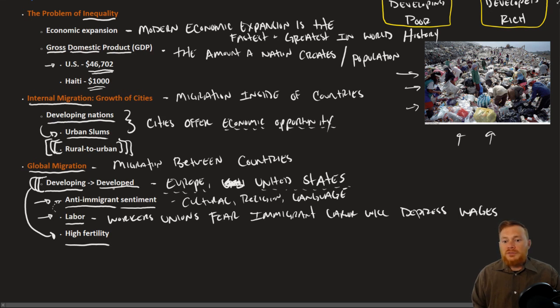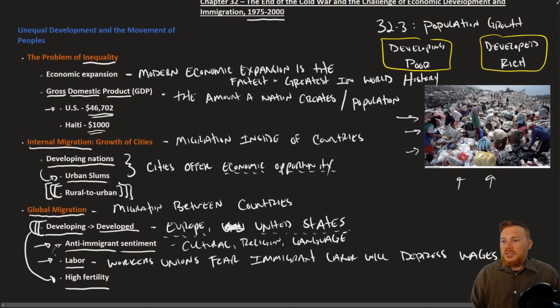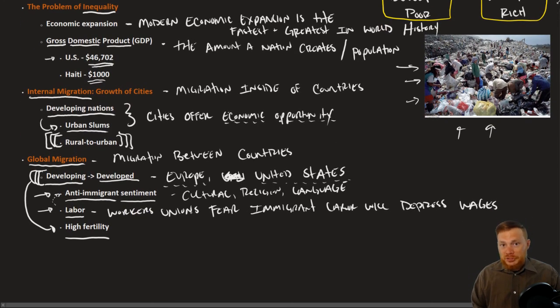That is, most developed nations, like we mentioned last section in 32-3, have a very low fertility rate. High fertility is most common among immigrants in developed nations.